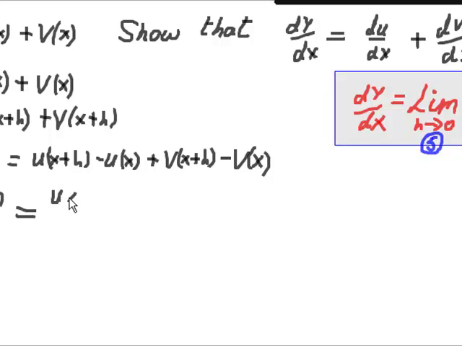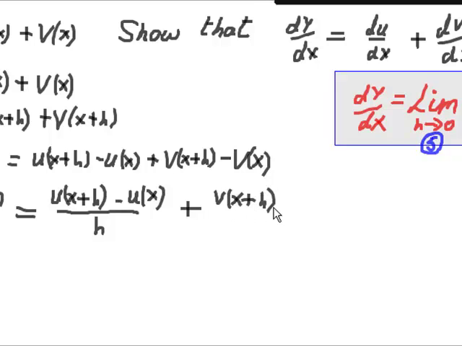We can just group the u's together and the v's together: u(x plus h) minus u(x) over h, plus v(x plus h) minus v(x) over h.